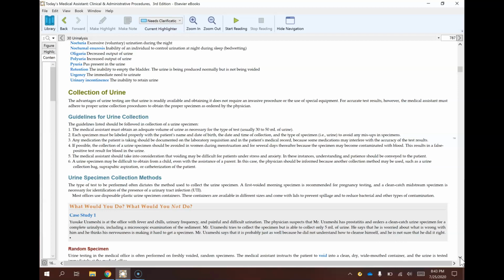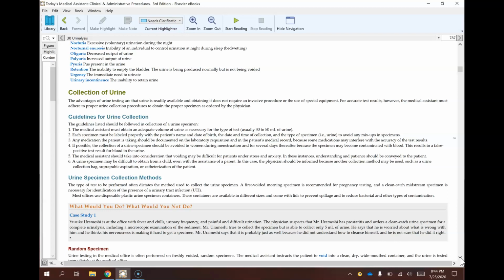And when they are about midstream, they put the specimen cup under where the urine is flowing from, and they collect the urine. Okay, that's something we're all pretty familiar with at this point.